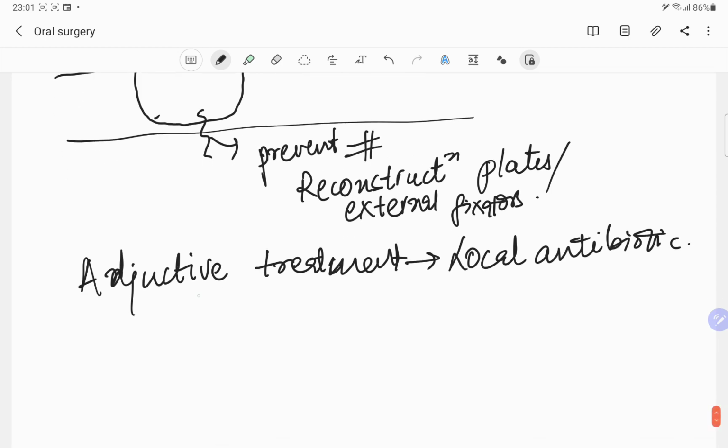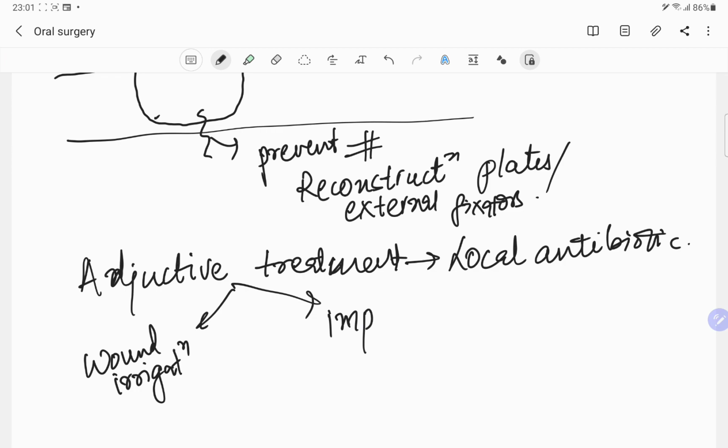We either do it via a wound irrigation system, where we open the wound and irrigate the antibiotic onto the necrosed or removed part of the bone. Another option is impregnated beads. So basically we take beads of antibiotics and place them at the local site.